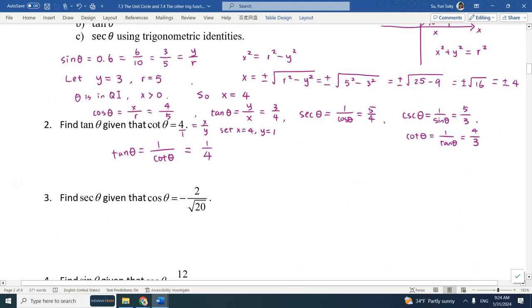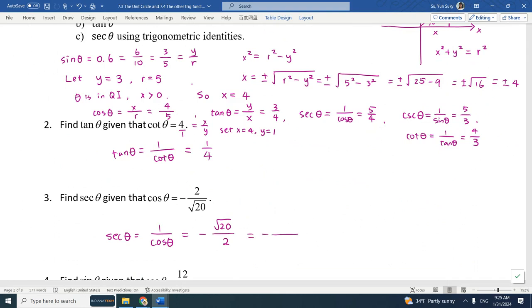Okay, continue. Find secant if you know cosine. What is secant in terms of cosine? Reciprocal. Right, everybody? So secant theta is reciprocal of cosine. So flip them, we get negative square root of 20 over 2. Oh, by the way, can we simplify them?